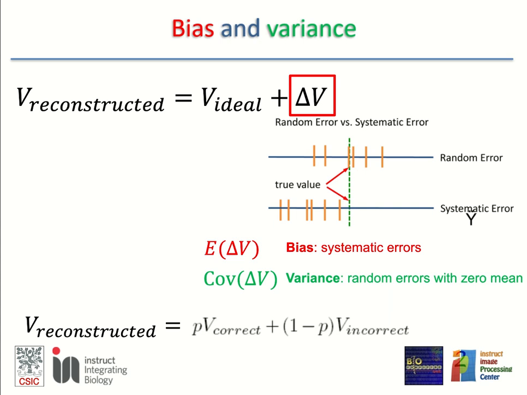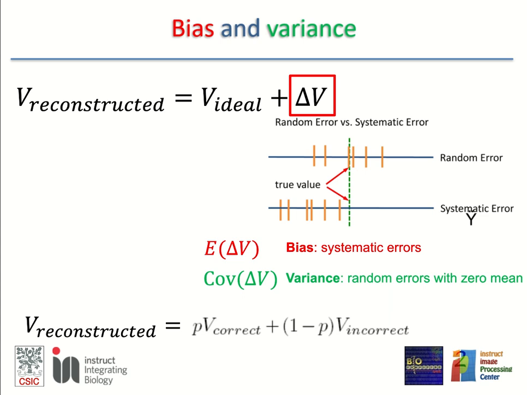Here we will have our reconstructed map, or in general our parameters will be the ground truth plus a perturbation that is random. The expected value of that random perturbation will be the bias, and those are systematic errors, while the variability is encoded by the covariance matrix of that parameter, or the variance of our parameter.